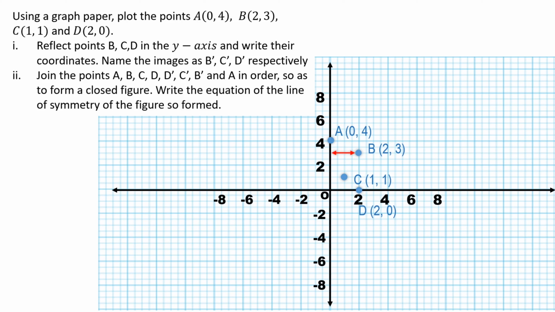So reflecting the point B on y-axis gives the image B dash as -2,3. Reflecting the point C on y-axis gives the image C dash as -1,1 and reflecting the point D in the y-axis gives the point D dash as -2,0.